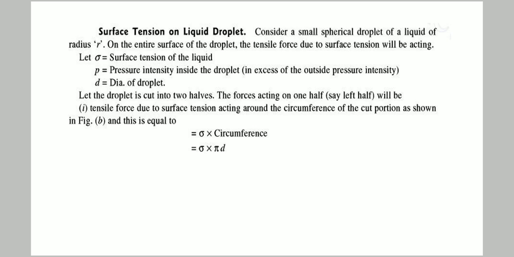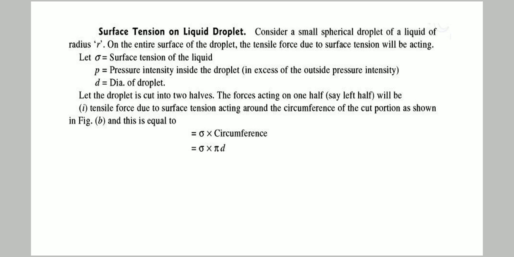Consider a spherical liquid droplet, and its radius is r. On the entire surface, surface tension acts. Let sigma be the surface tension, P be the pressure intensity inside the droplet, and D the diameter of the droplet. Let's cut this droplet into two halves. Take the left half.